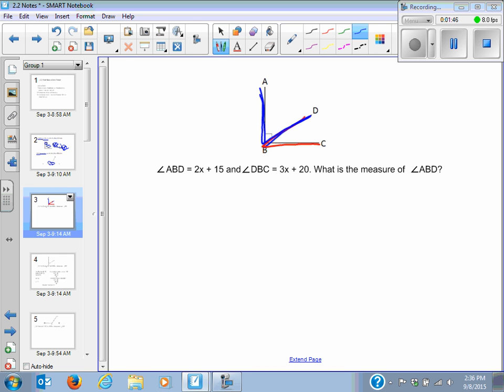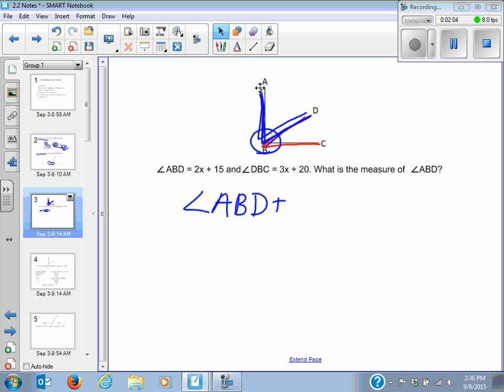Well, I know that if these two angles are complementary, they have to add up to 90 degrees. So I know they're 90 because of that little square right there. So they're complementary. So angle ABD plus angle DBC has got to equal 90 degrees.